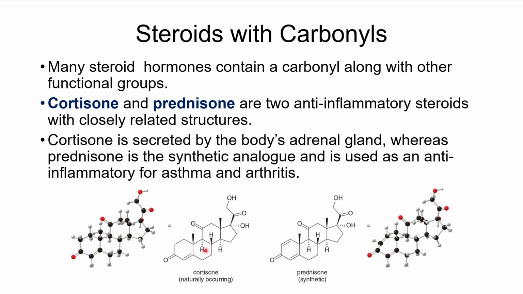If you get inflammation, you can also get a cortisone shot that helps reduce it. There is a synthetic analog called prednisone. Instead of having to isolate the cortisone, you can get the prednisone. The only real difference is the double bond on the prednisone, and it's also a very effective anti-inflammatory agent.